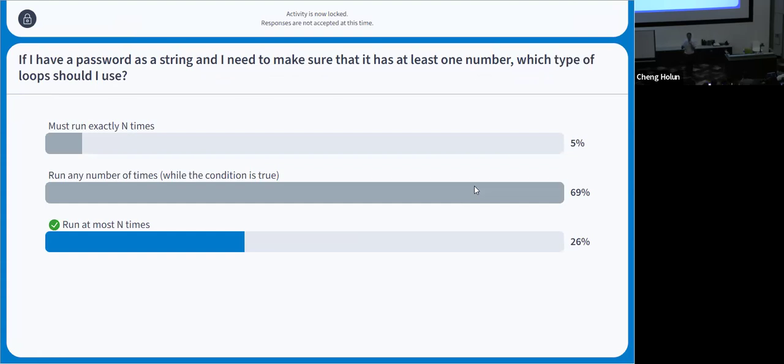So if your password is n characters, there's n times. But any time you find a number, you can already exit and say yes. So that falls into that format. What you do is a for loop, and then you can return anything inside that. Of course, I think the second answer can be correct, but it's not the best answer.